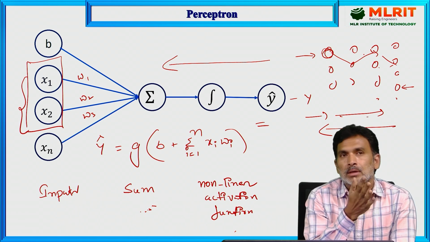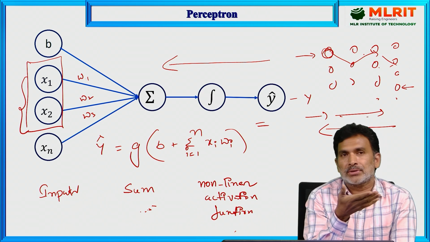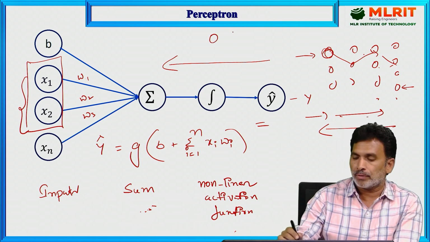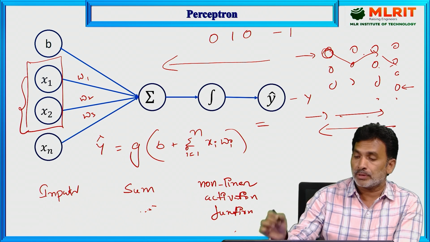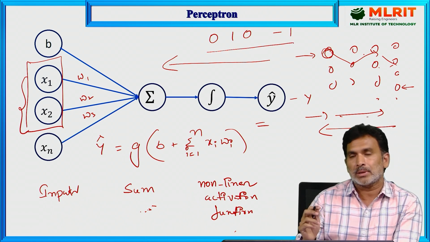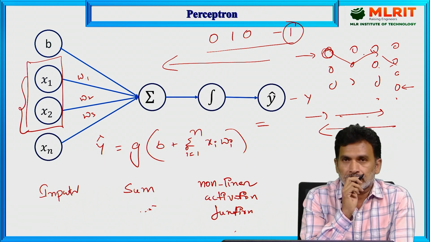That means all the inputs and the corresponding outputs should match. Suppose you are given inputs like 0 1 0 and the corresponding output is 1, the model has to produce the corresponding output for each sample. If not, then there is some error.